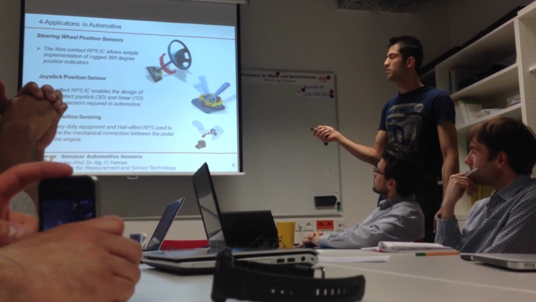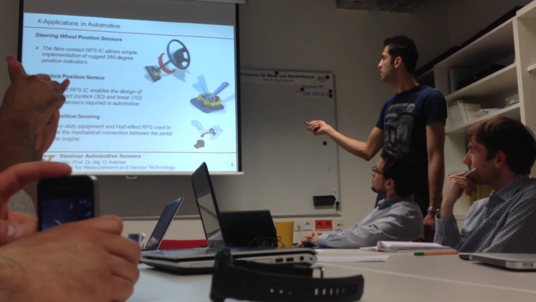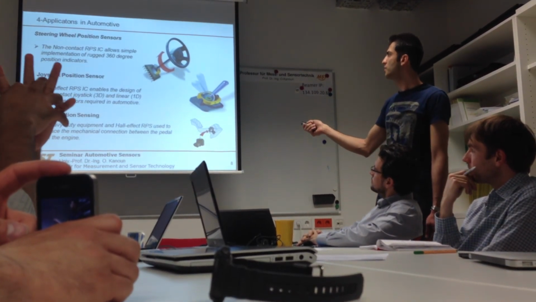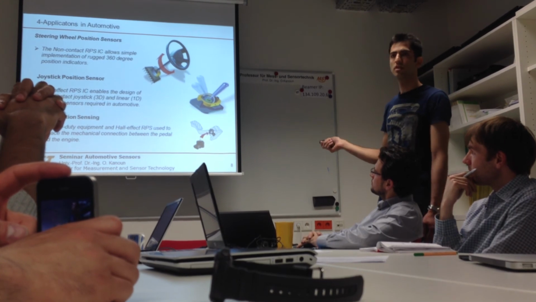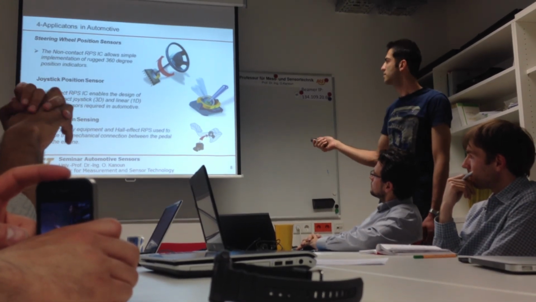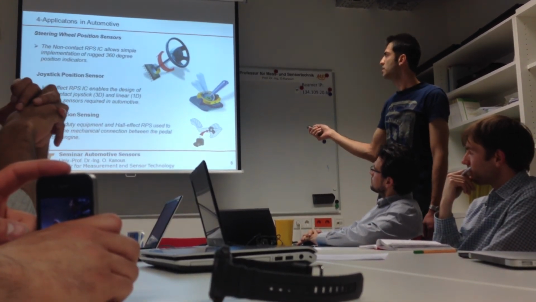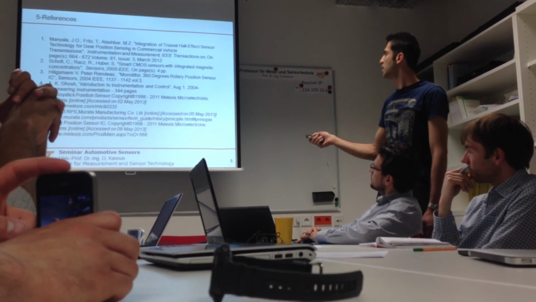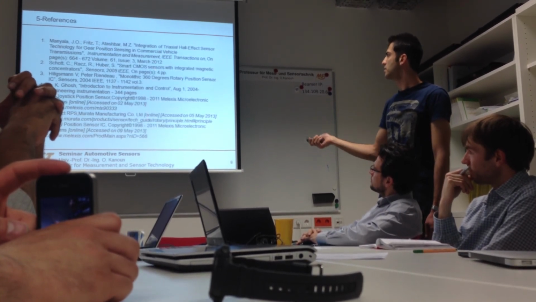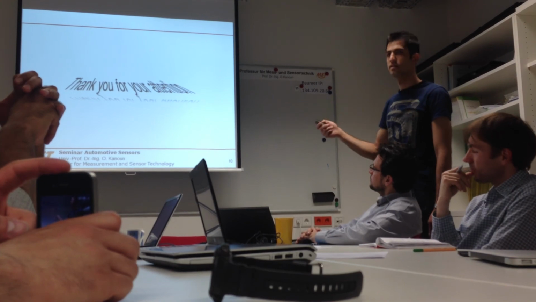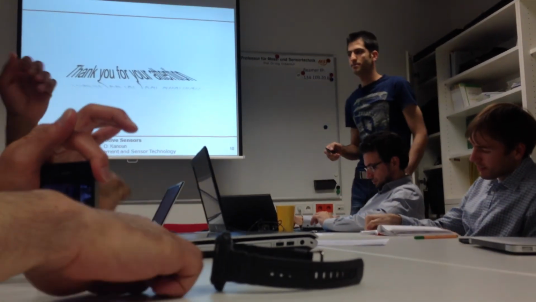The idea is really simple. We can easily mount such ICs on movable parts, and then we can remove mechanical connections. It's really easy, but the principle is somewhat complex. These are my references, and thank you for your attention and your time.